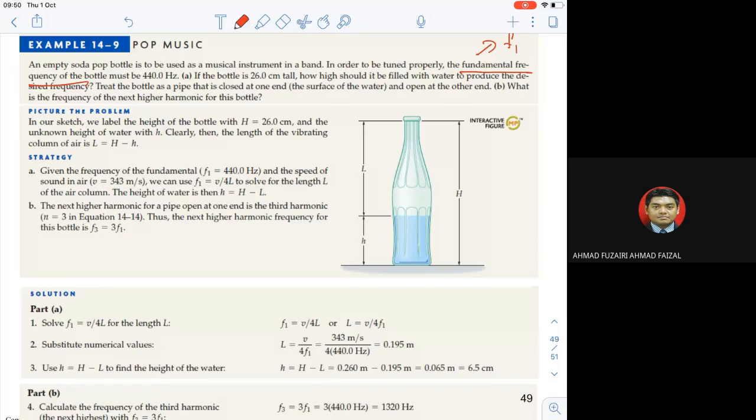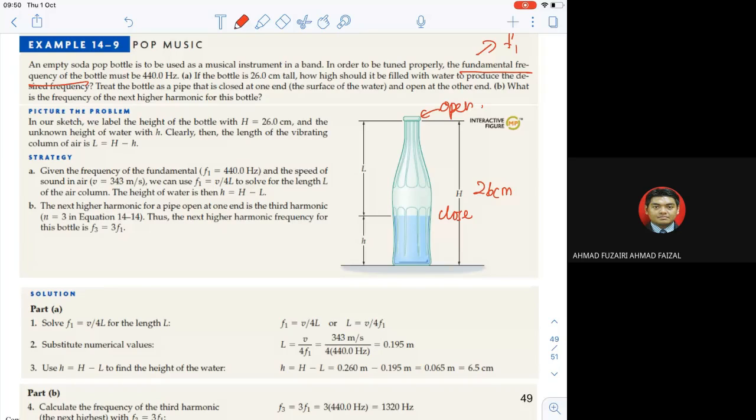If the bottle is 26 centimeters tall, how high should it be filled with water to produce the desired frequency? Remember, this is the air column. Air column means this one should be open, this one should be closed.